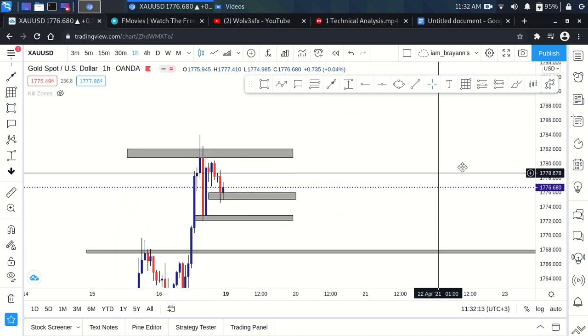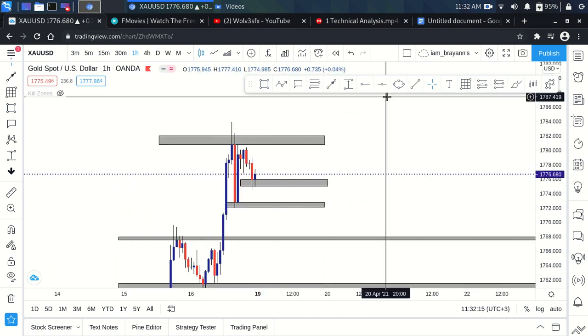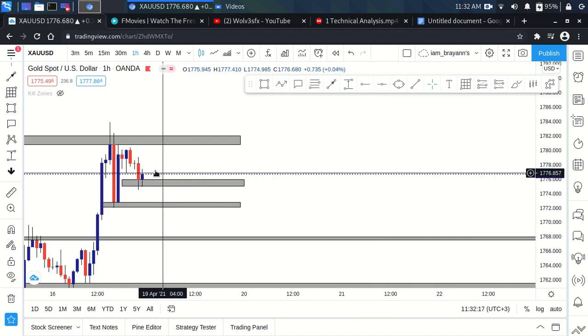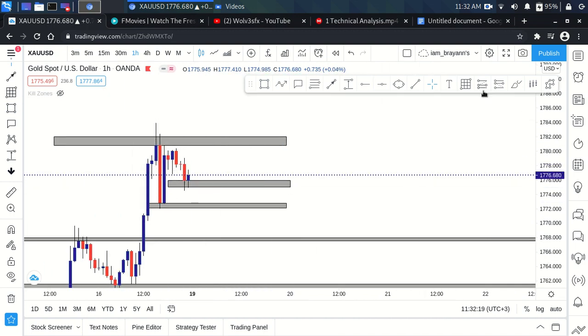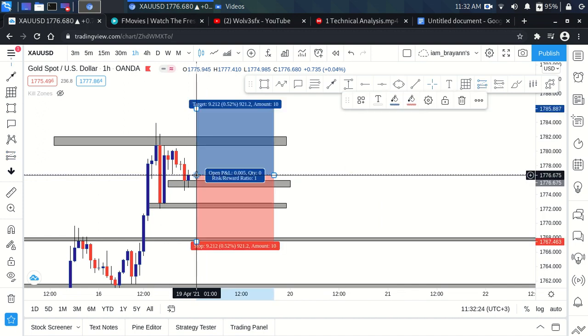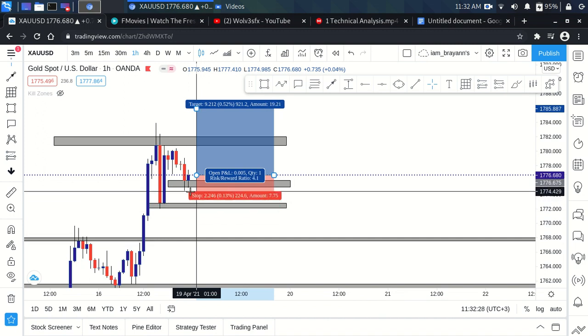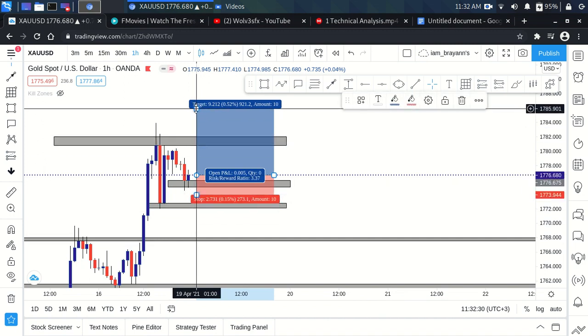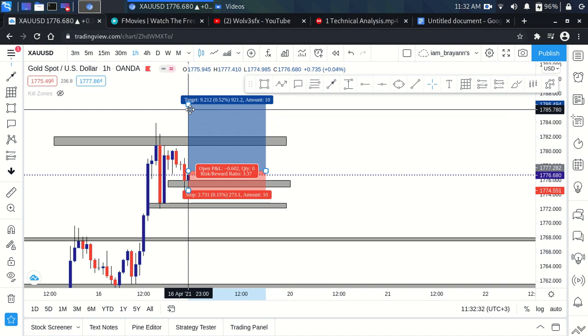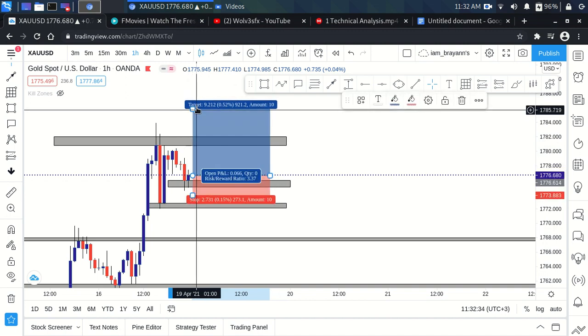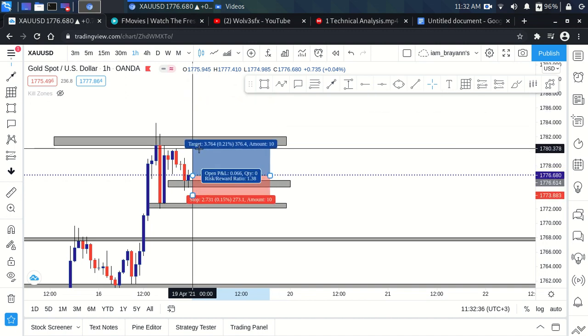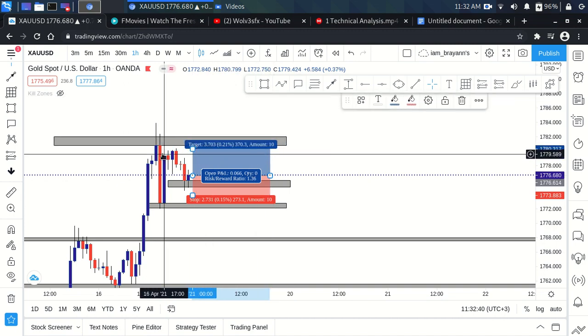So according to my analysis, I might say gold will go up and I will take a long position once the candle opens right here, with my stop below here and my take profit right here, which is the recent zone or the nearest zone.